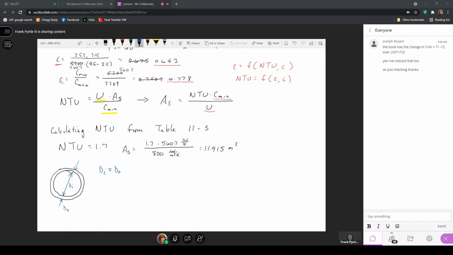Then the surface area on the inside would just be pi DI times the length of the pipe. The surface area on the outside of the pipe would just be pi DO times the length of the pipe. But this surface area that we calculated could be set equal to either one of these.